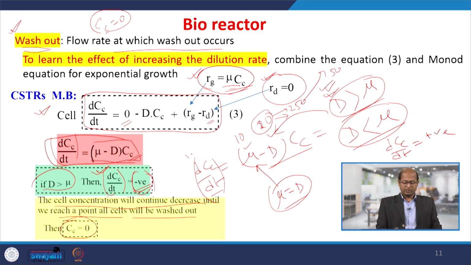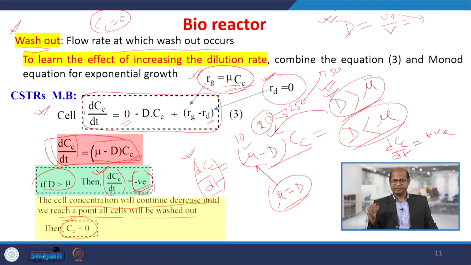the dilution rate D is V naught by V, so we are increasing V naught, the volumetric flow rate entering the reactor through the inlet.